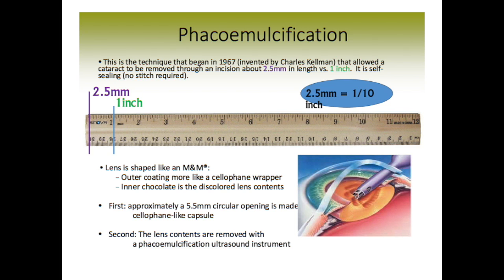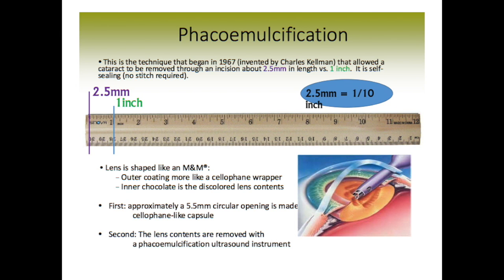Now, years later, with everything in perspective, Charlie Kelman is the father of modern-day cataract surgery and looked at as one of the most important ophthalmology surgical giants in the field in the last 100 years.